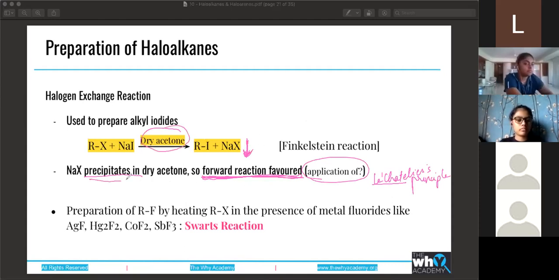So what does precipitating mean? You're removing it from the reaction mixture. Like Na and X will not exist as Na plus X minus, so they won't have a chance to take part in the reaction. So basically you're removing the product out so that the forward reaction will be favored. That is what is happening here.